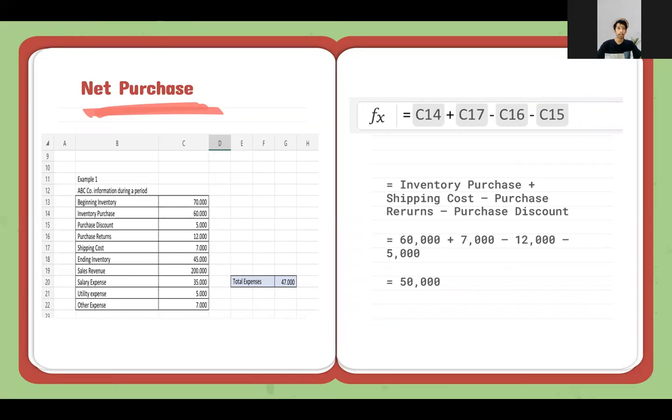So here in the table, 60,000 plus the shipping cost 7,000 minus purchase return 12,000 and minus purchase discount 5,000. So we found the 50,000.